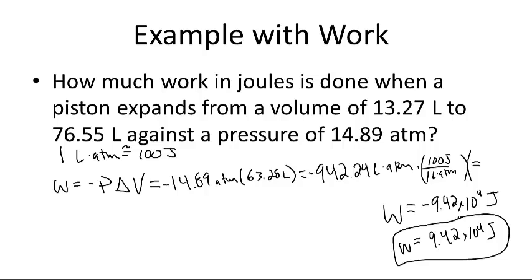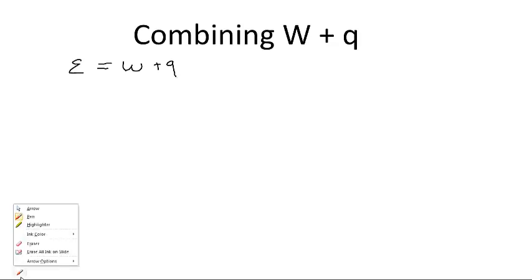So we'll put this all together on the last slide. Combining W and Q. Hold on one second. Actually, that's not the way you'll see it written. You'll always see it written the other way.